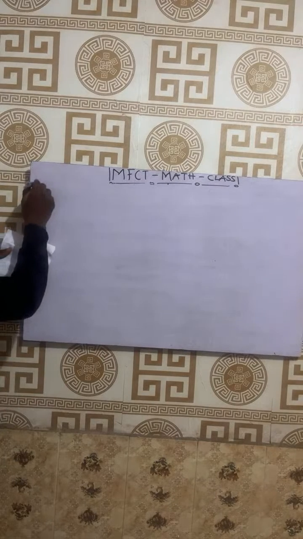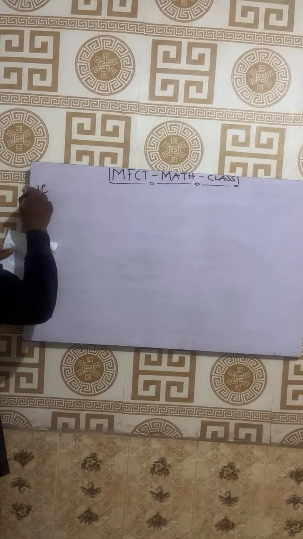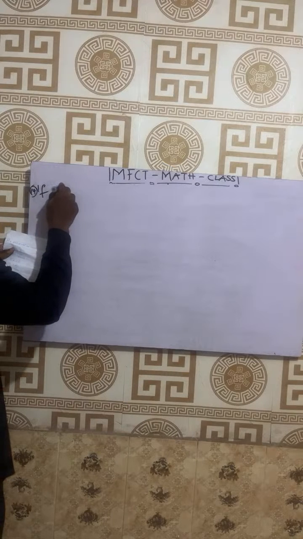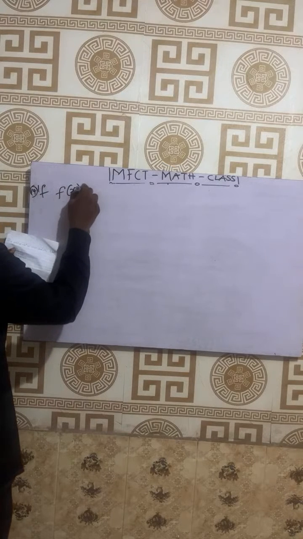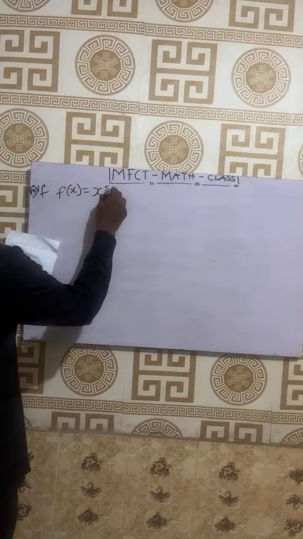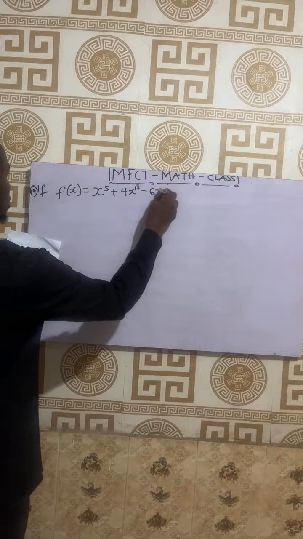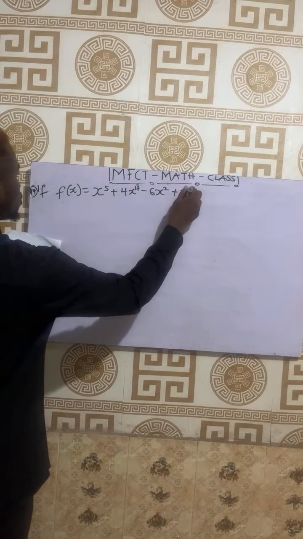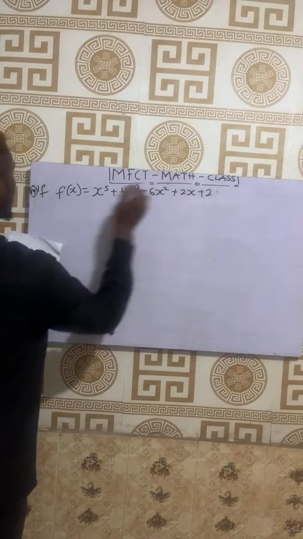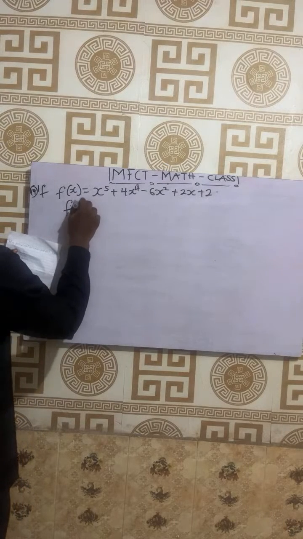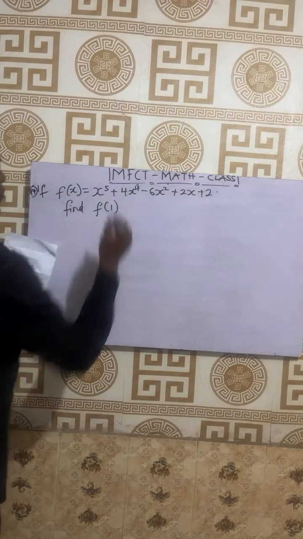Okay. Question 14, if f of x is equals to x raised to power 5 plus 4x raised to power 4 minus 6x squared plus 2x plus 2. Find f of 1.